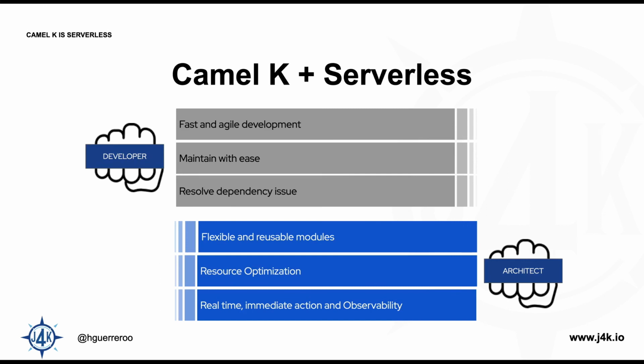As an architect, you can see that we can reuse all these connection components, which leads to resource optimization when using runtimes like Quarkus, and you have the benefits of the platform for tracing and observability provided by Knative.